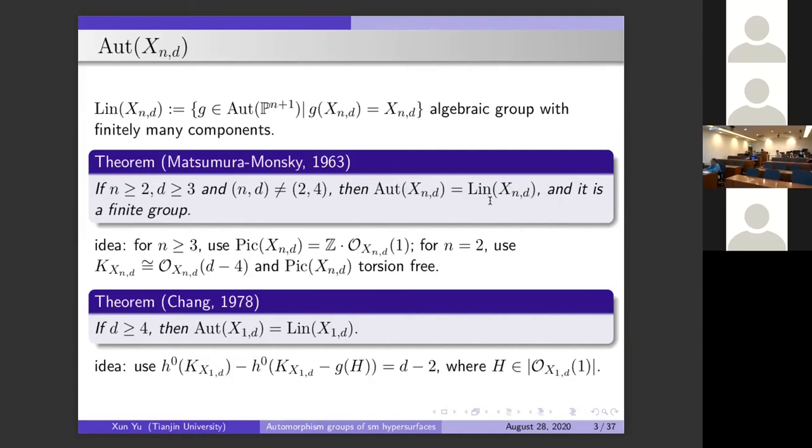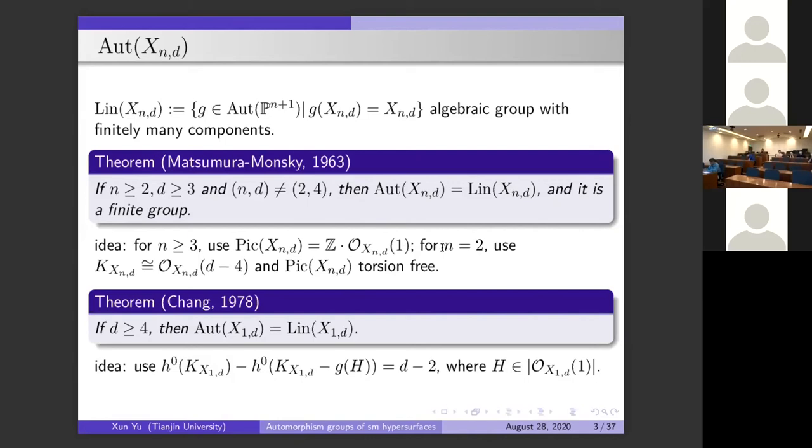It's essentially due to the fact that, by the Lefschetz hyperplane section theorem, the Picard group is Z in the dimension greater than or equal to 3 case, and any automorphism then preserves O(1), the generator.